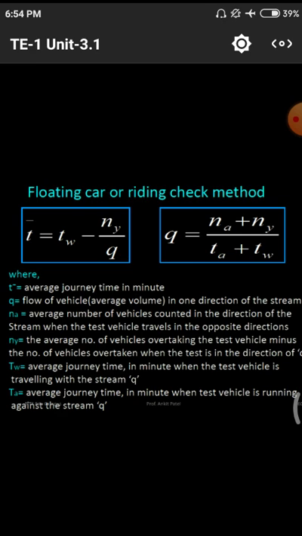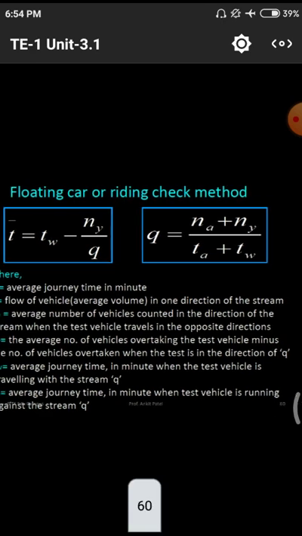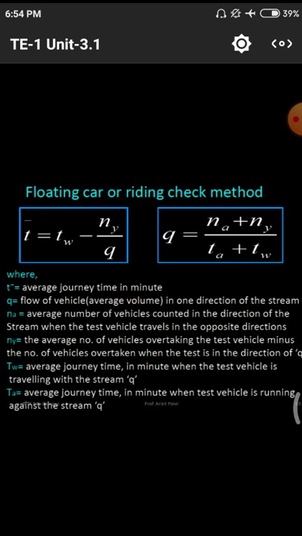While we are traveling on a particular road from starting point to ending point, how many vehicles are crossed in the opposite direction, that is NA. And NY is the number of vehicles overtaking in a particular minute, the number of vehicles overtaking in a particular direction along with us. That means we are moving from A point to B point.